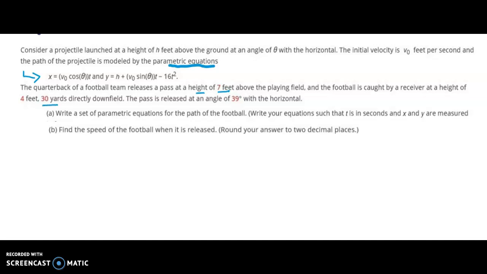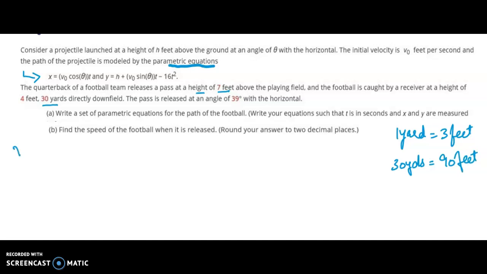So first, we will convert 30 yards into feet. I know that 1 yard is 3 feet. That means 30 yards is 90 feet. And these two things will give us a ground to start our equation with.